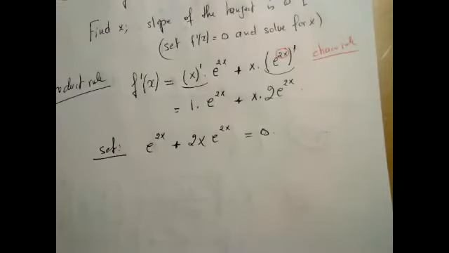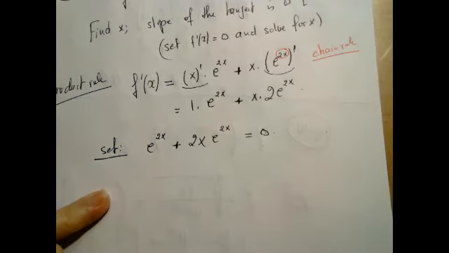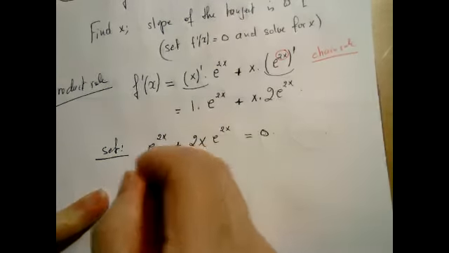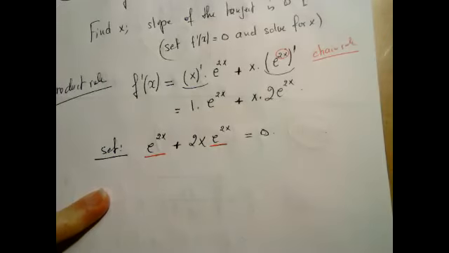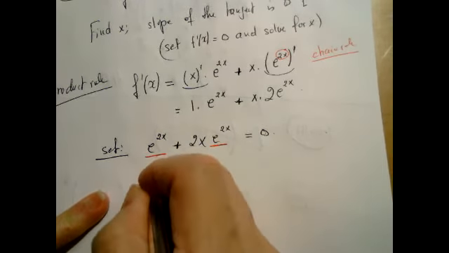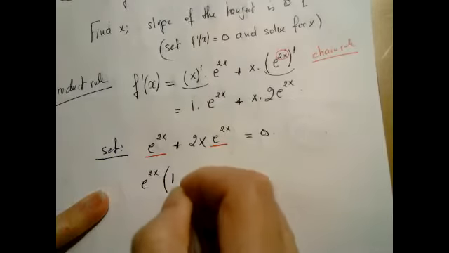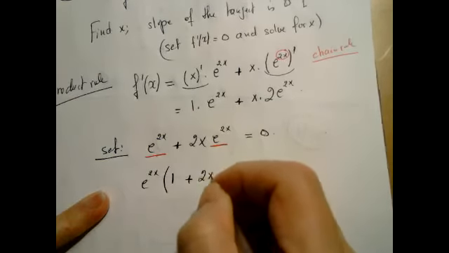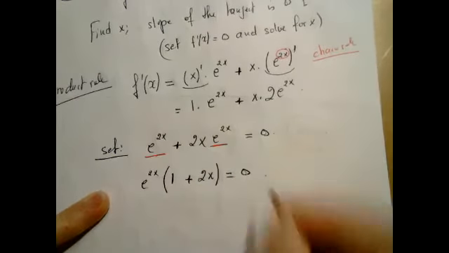Okay. And I solve. How would I solve? Factor out e to the 2x. Absolutely. We have to factor out. As I said, solving is really factoring. Once you set equal to 0, you factor. So now I will have e to the 2x times (1 plus 2x) equal to 0.